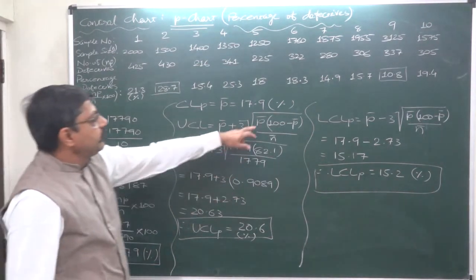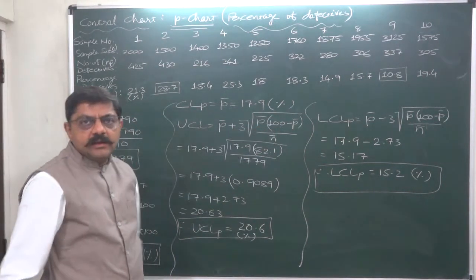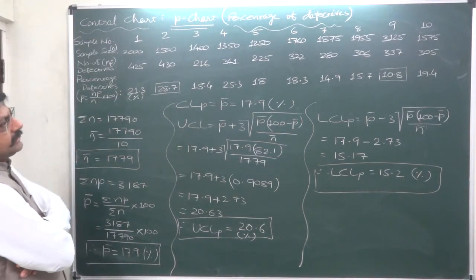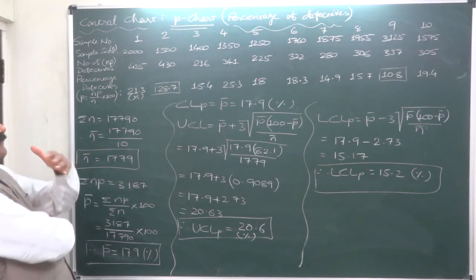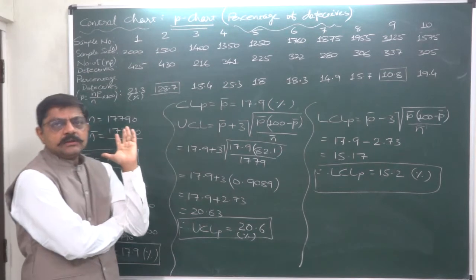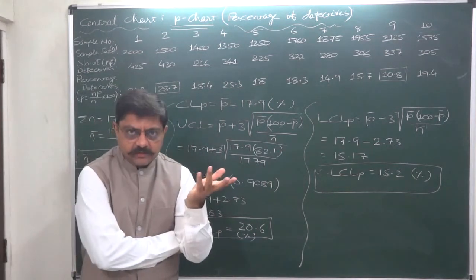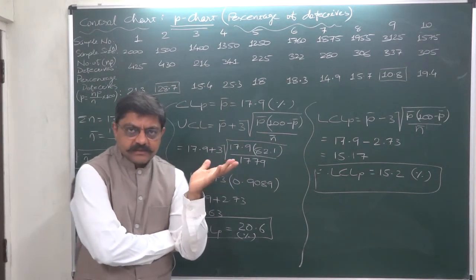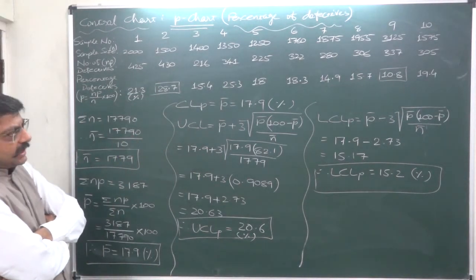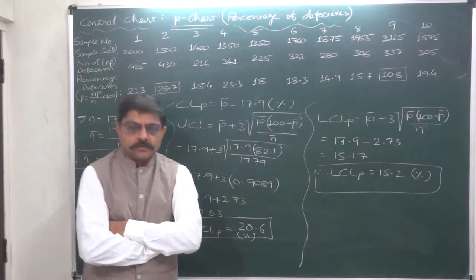For that purpose, we have to use 100 in this formula in place of 1 normally. So these are the different things. Actually, these are different from the routine P chart. Now, in the next lecture, we are going to construct the P chart and draw the conclusion.